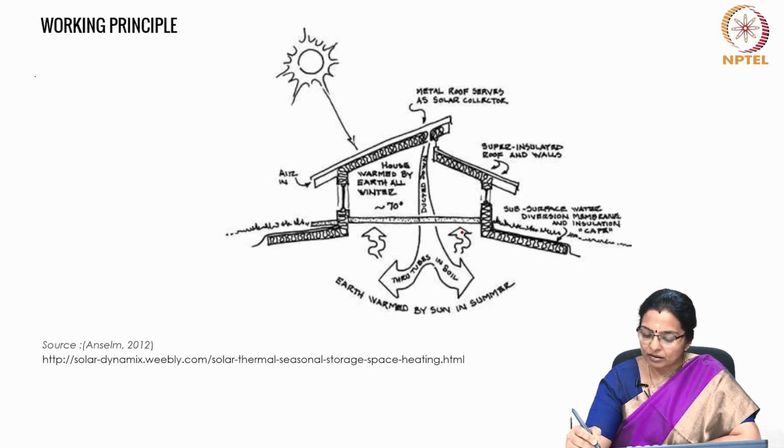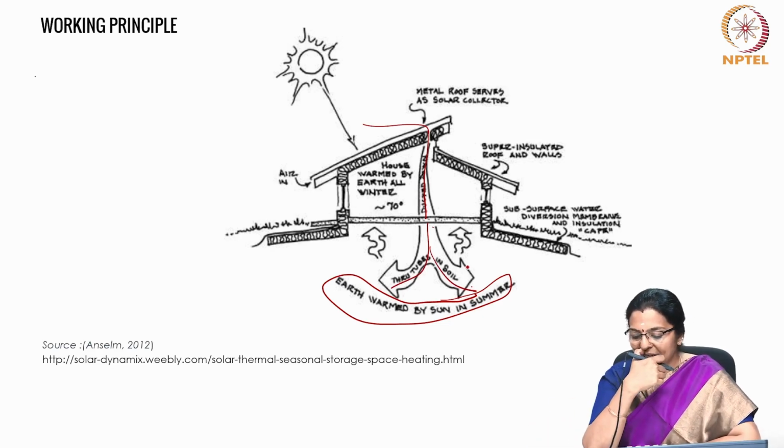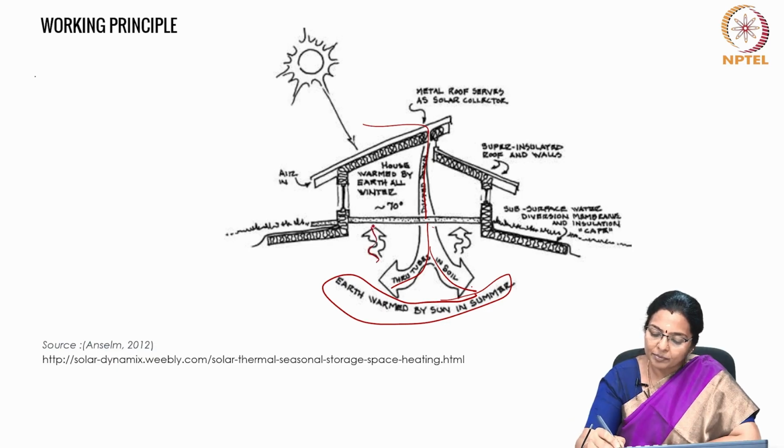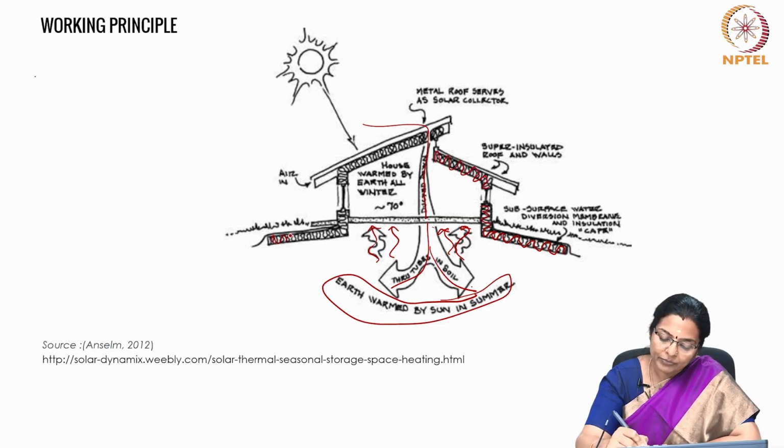The warmth of the earth in summer time is tapped through tubes in soil, and the metal roof serves as a solar collector, and through tubes the soil is heated and kept warm, and during winter it radiates back to the house, maintaining the indoor temperature of the house. But in that process, insulation of the entire envelope of the house is very important.